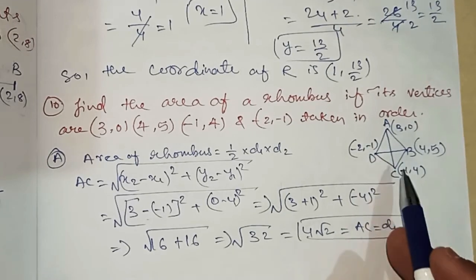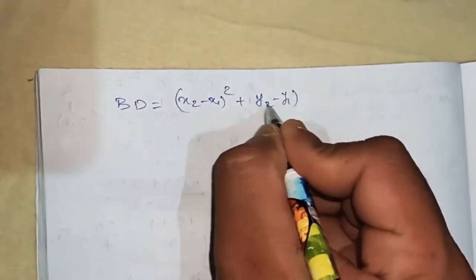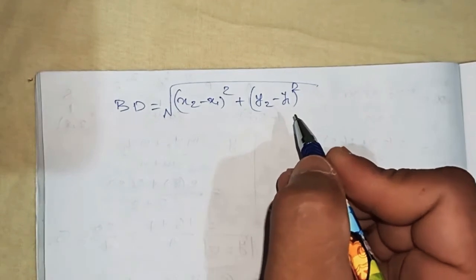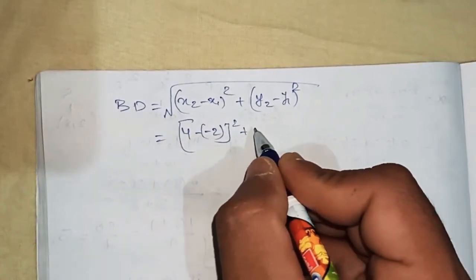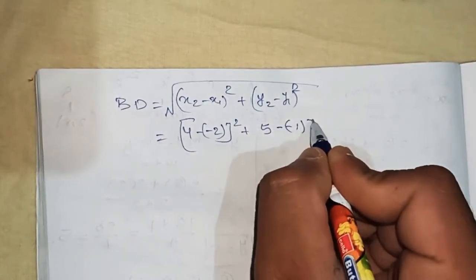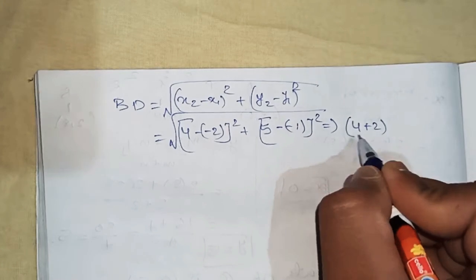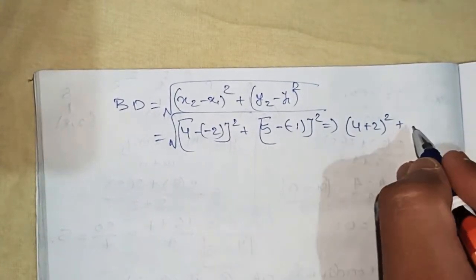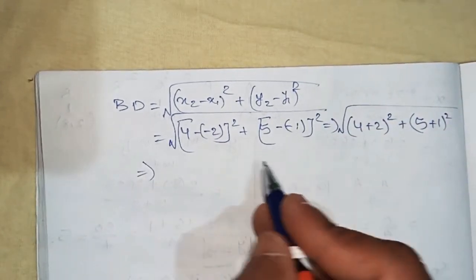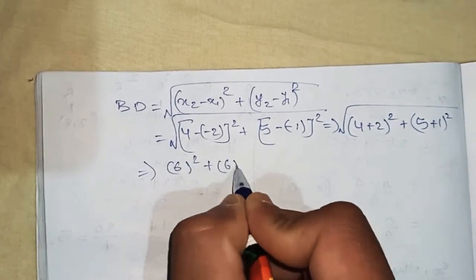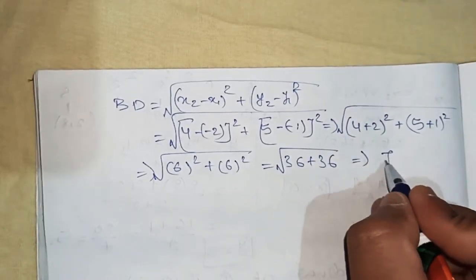Now we will find the length of the second diagonal. Again we will use the distance formula: square root of x2 minus x1 whole square plus y2 minus y1 whole square. x2 minus x1 is 4 minus minus 2, whole square, plus y2 minus y1 is 5 minus minus 1, whole square, square root. 4 minus minus 2 is 4 plus 2, and 5 minus minus 1 is 5 plus 1. 4 plus 2 is 6, 6 square plus 6 square, we get 36 plus 36, that is root 72.